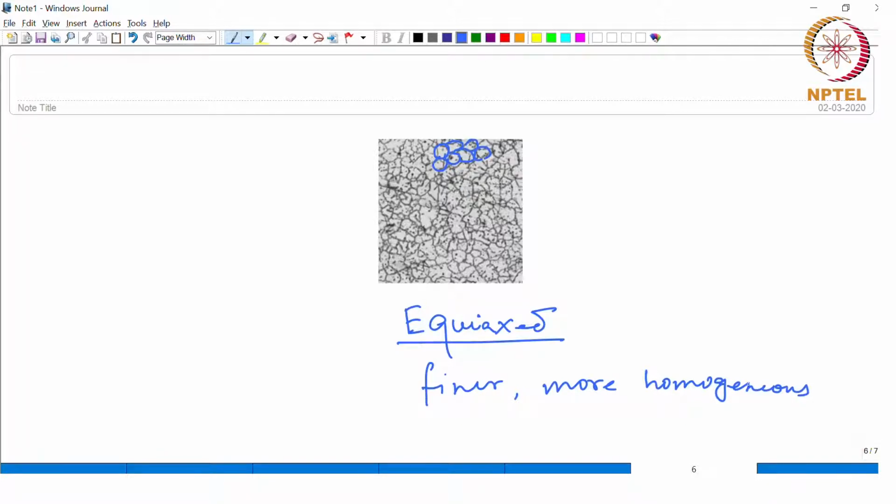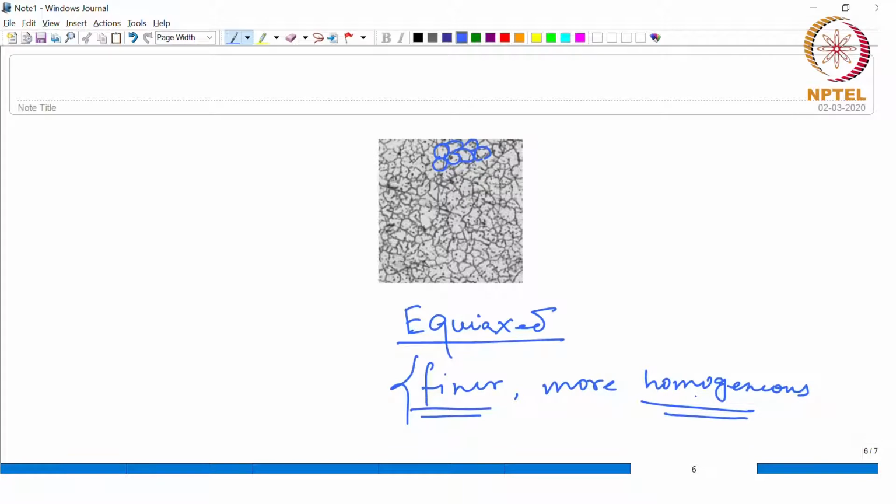So, if you could tune your processing conditions towards the formation of an equiaxed kind of microstructure, and also create conditions for higher cooling rate or high thermal gradient or high undercooling, that will give rise to a finer microstructure that will be more conducive for generating a homogeneous material as well.